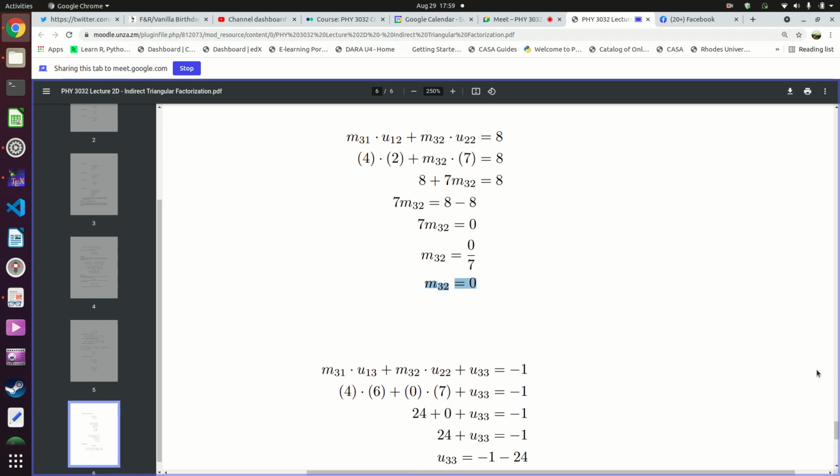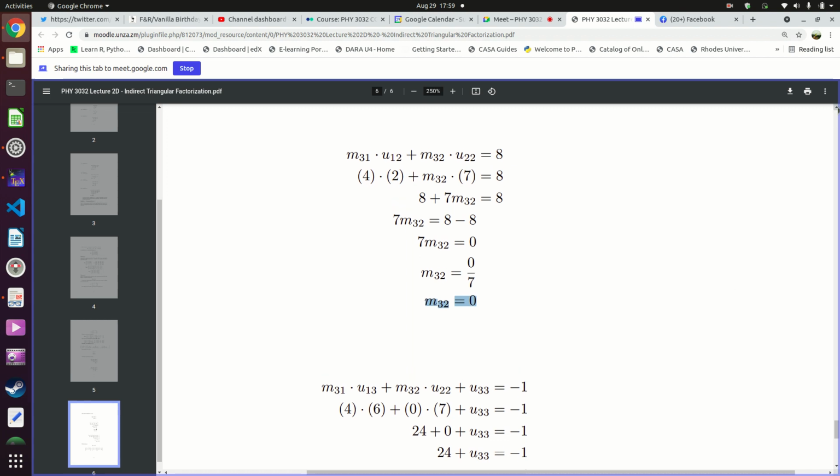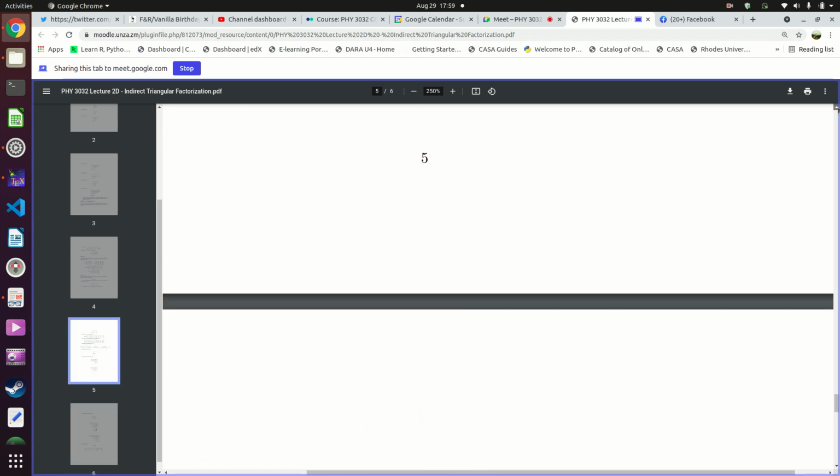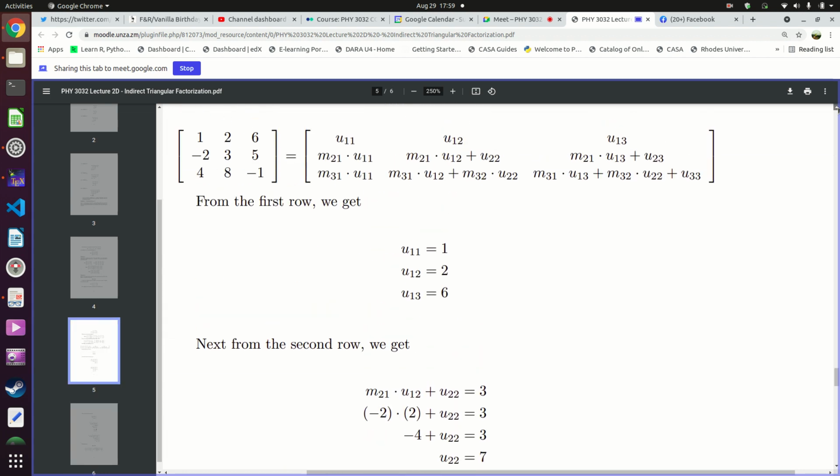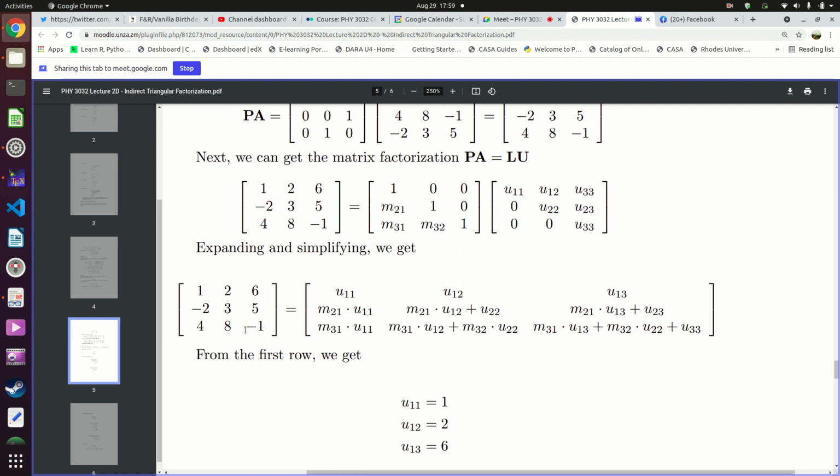Okay? But it shows that when you multiply your P times A, it becomes possible for you to get something which looks like a factorization of L multiplied by U. Then if you move on to the last bit, this one here, minus 1 multiplied by this here, like that.